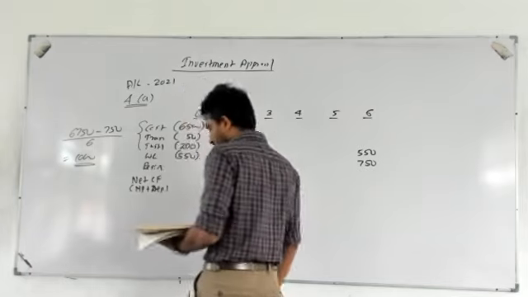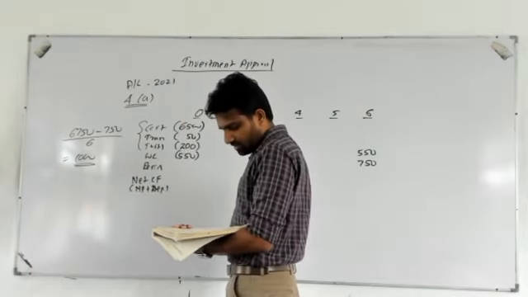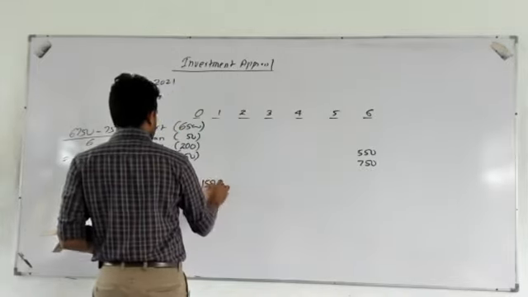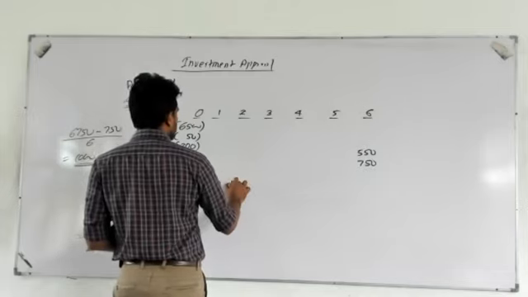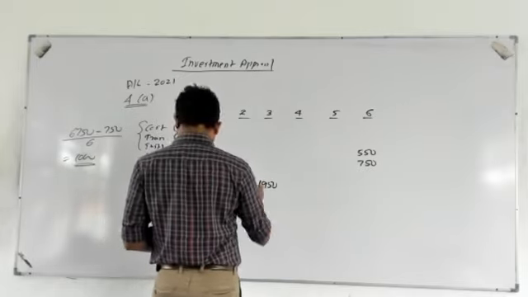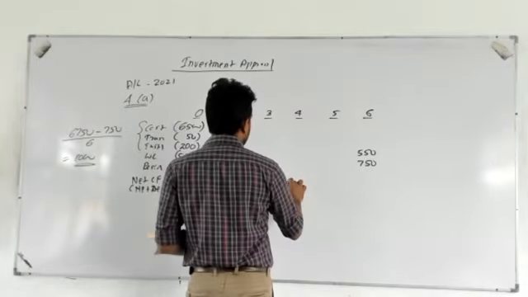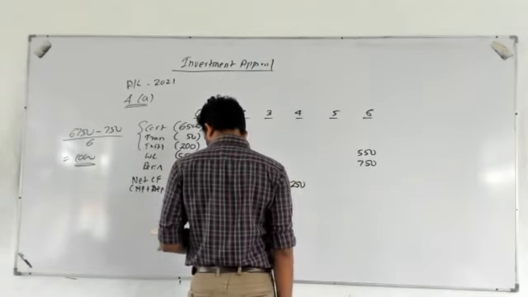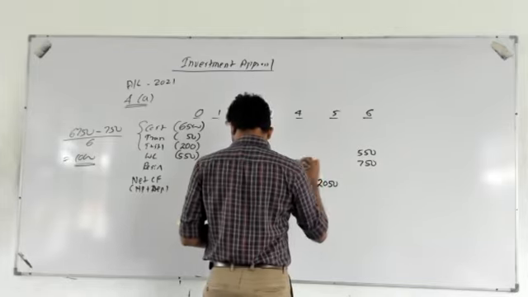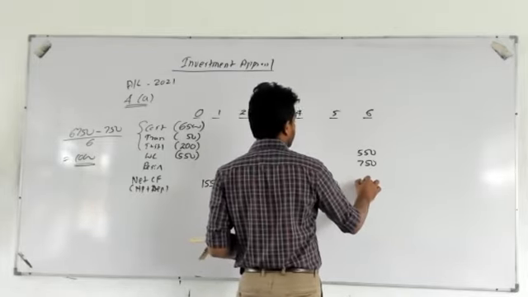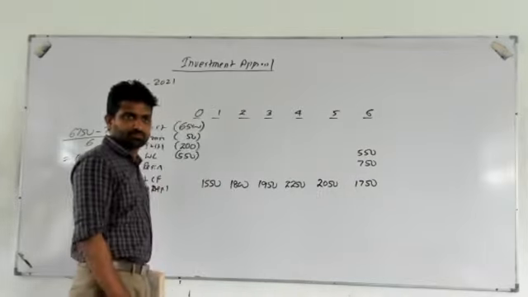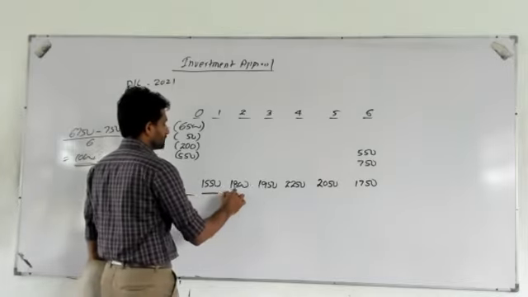Add this 1,000 back: 550 plus 1,000, 1,550. 1,800. 1,950. 2,250. 2,050. 1,750. Correct? How done? These are the cash flows.